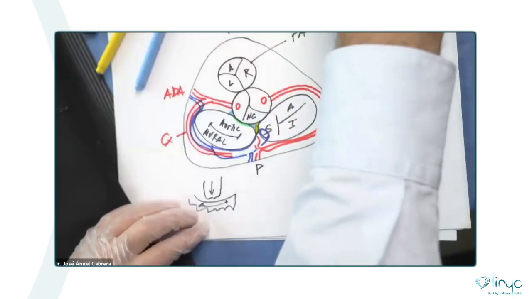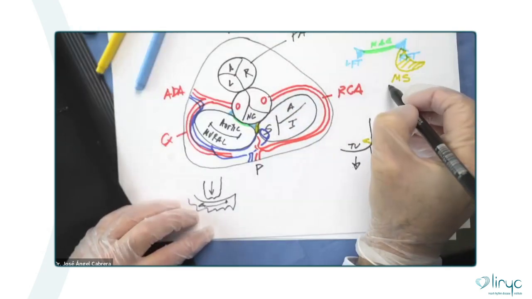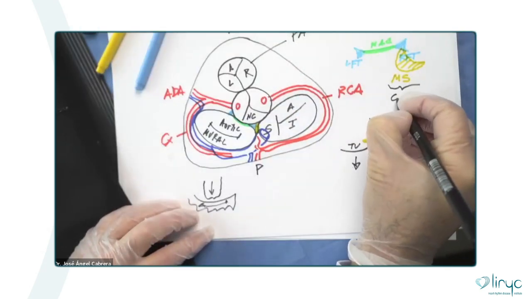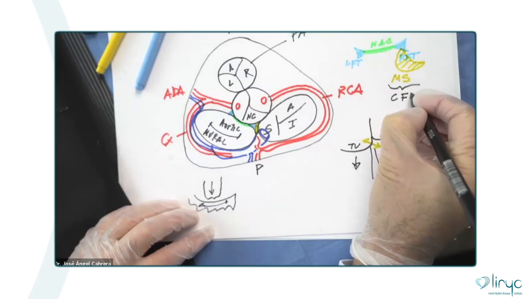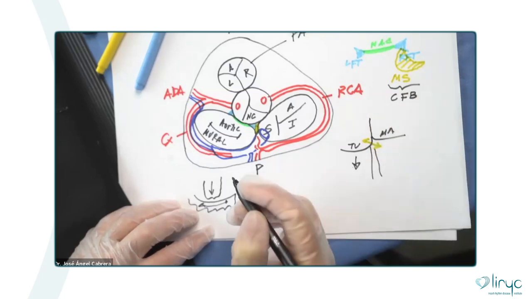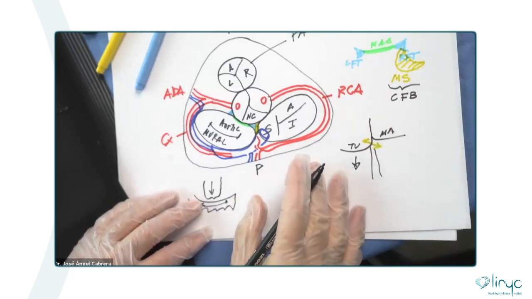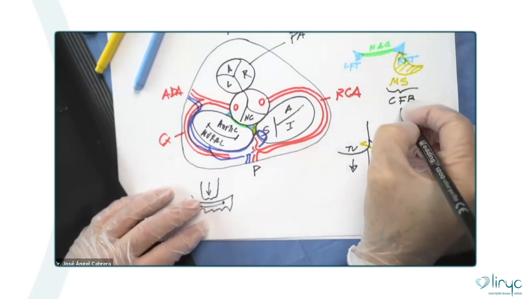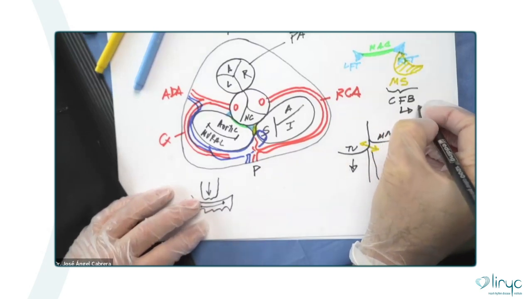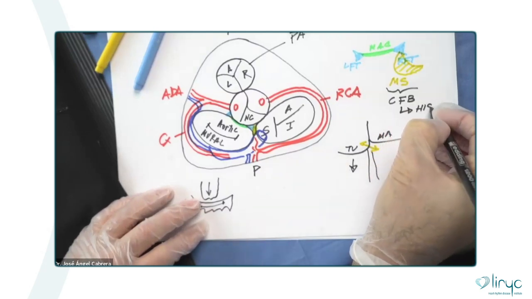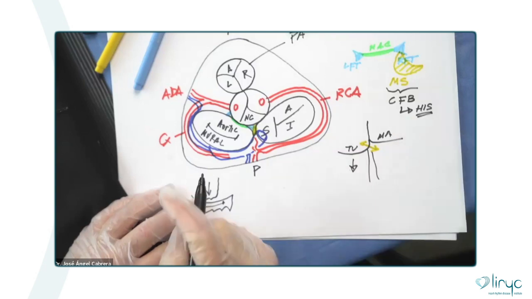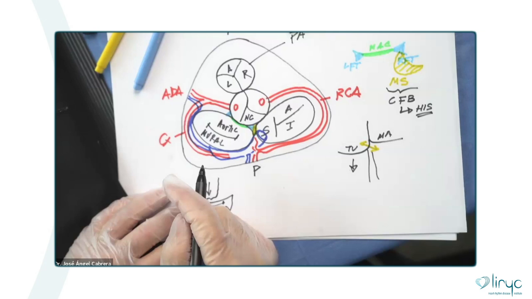This is the so-called central fibrous body of the heart. And the central fibrous body of the heart, this is where the His bundle goes through this fibrous tissue.